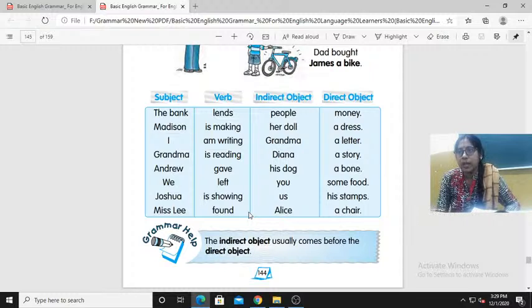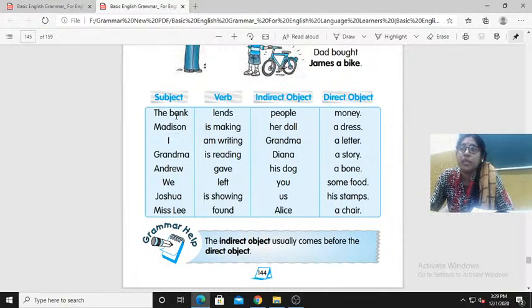Next, grandma is reading Diana a story. Andrew gave his dog a bone. We left you some food. Joshua is showing us his stamp. Miss Lee found Alice a queer. This is not very tough, but you have to keep this in your mind. That's why you have to know these things.